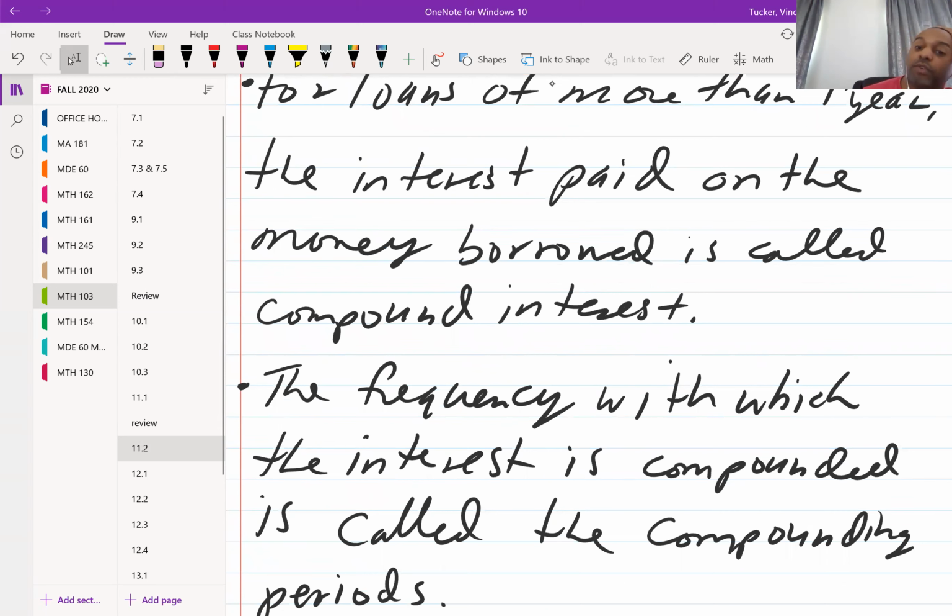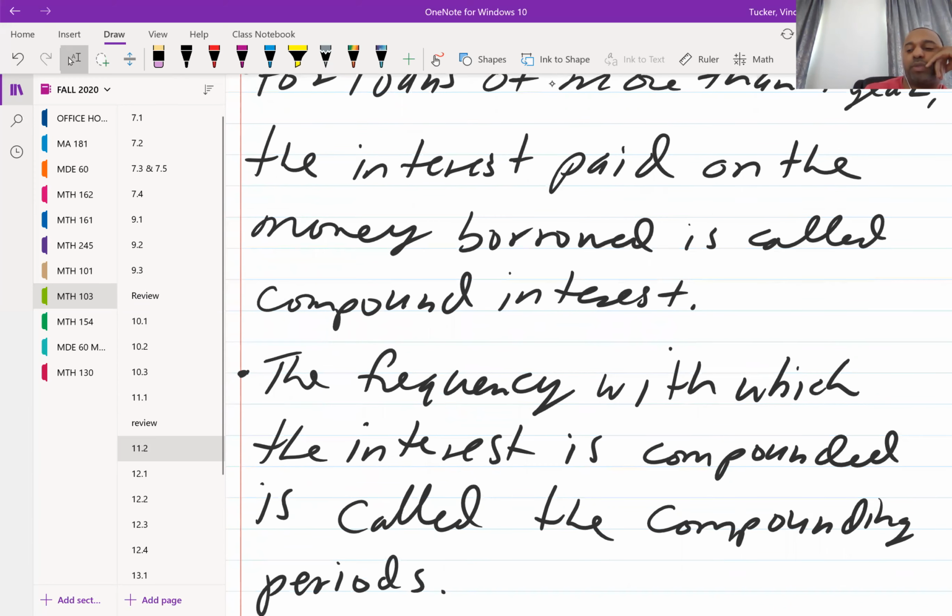The frequency with which the interest is compounded is called the compounding periods. So you're talking about the frequency in which your money is hit with interest fees, or way to calculate your interest.